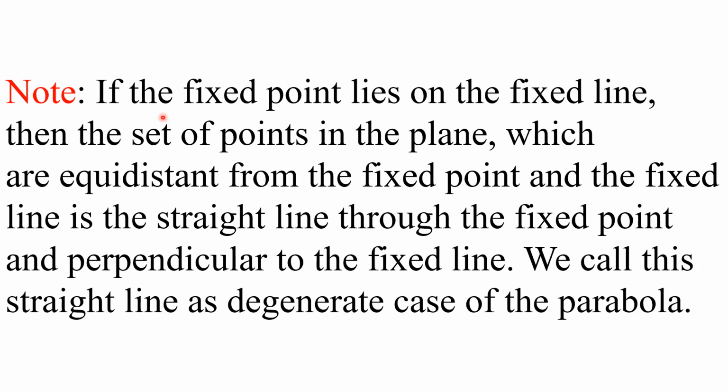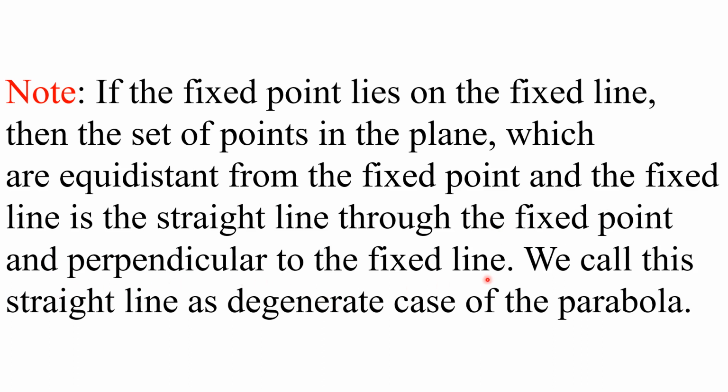If the fixed point lies on the fixed line, that means the focus lies on the directrix, then the set of the points in a plane which are equidistant from the fixed point and the fixed line is the straight line through the fixed point and perpendicular to the fixed line.